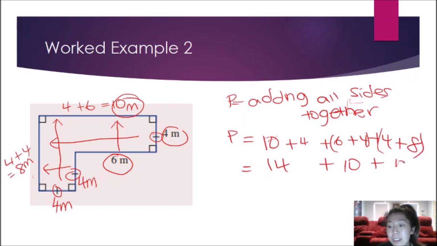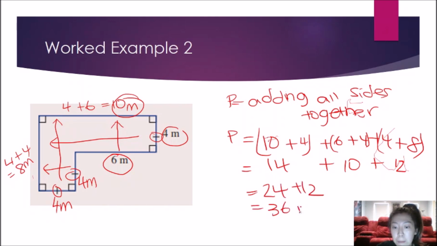I'm just making brackets to show you which ones I'm adding. So we've got 14 plus 10, which is 24, plus 12. So that would be 36 meters.